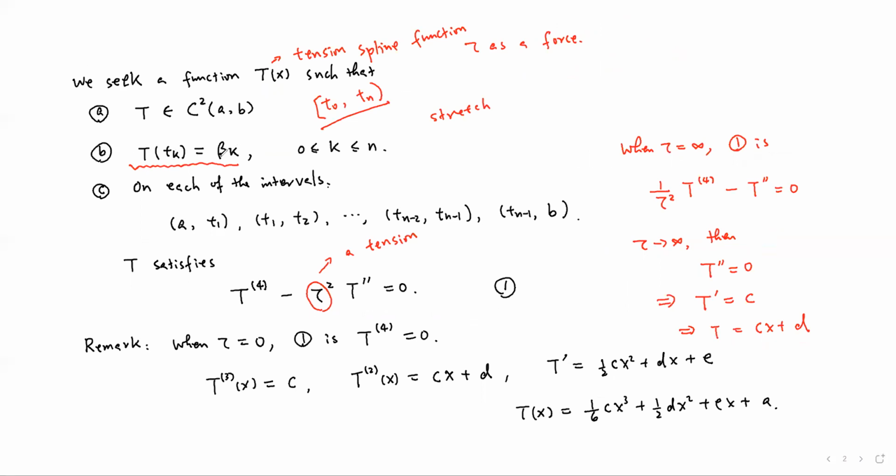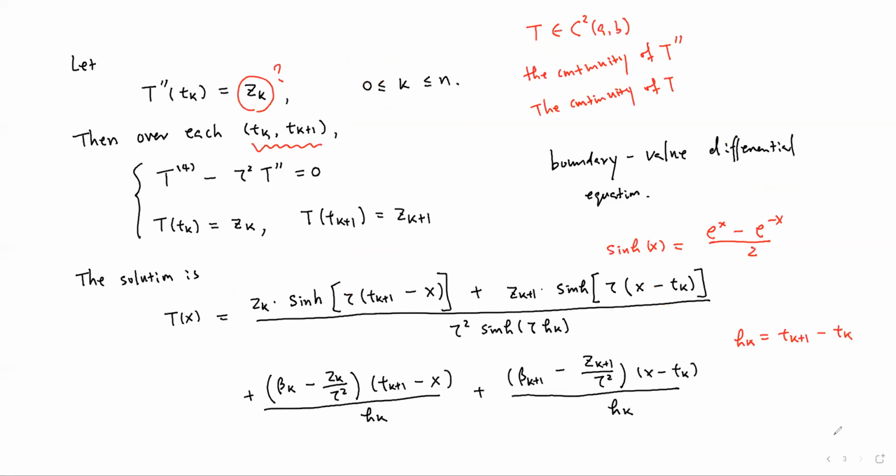So we have used the continuities of T and T second derivative. What we haven't used is the continuity of the first derivative. Now, let me use it to determine ck.